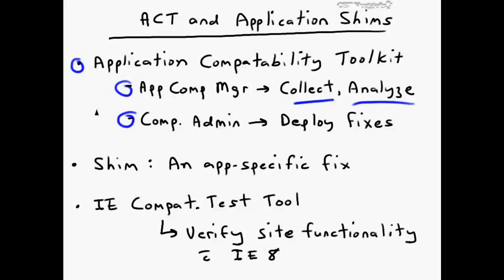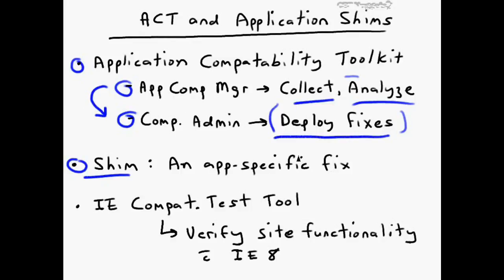And then what we're concerned with is the bookend application, Compatibility Administrator. This is where you can actually develop and deploy fixes for applications that break under Windows 7. So Compatibility Manager is our analysis tool. Compatibility Administrator is our fix deployment tool. And speaking of fix, the term shim, which you're likely to see on your exam, means nothing else but an application-specific fix.